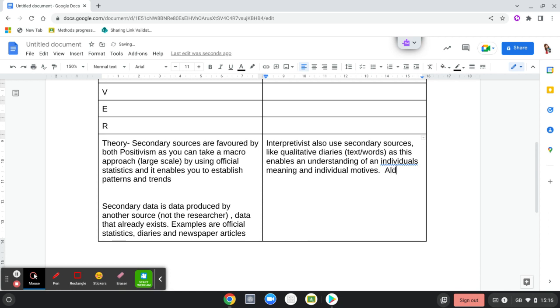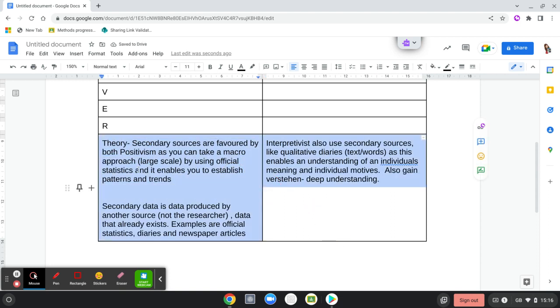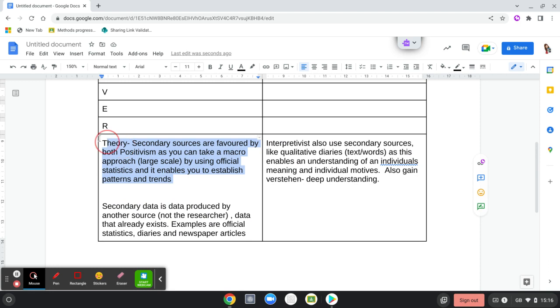You can also gain Verstehen, or deep understanding. So all of that is paragraph 1: definition, theory, positivism and interpretivism.